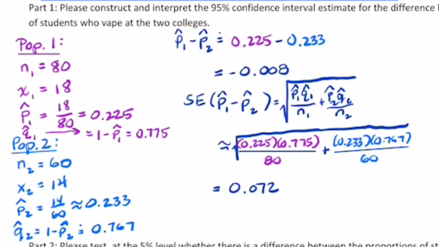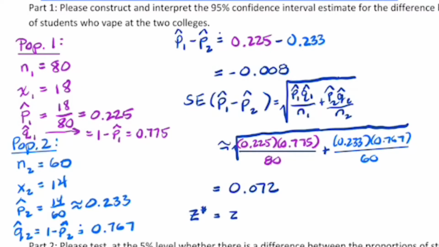All right, so here we go. We've got everything except for Z star. So Z star is going to equal what? We're doing a confidence interval, which is two tails, and it's the 95% level of confidence.